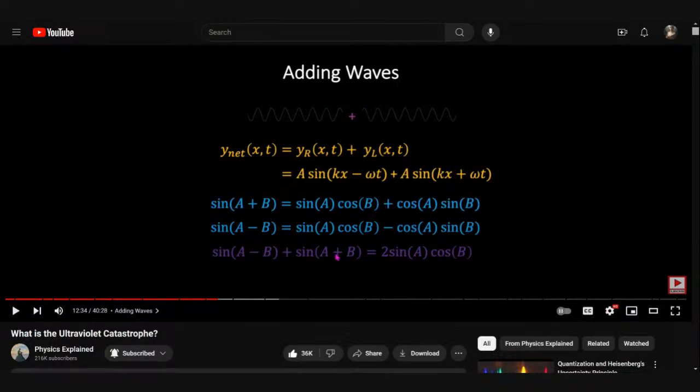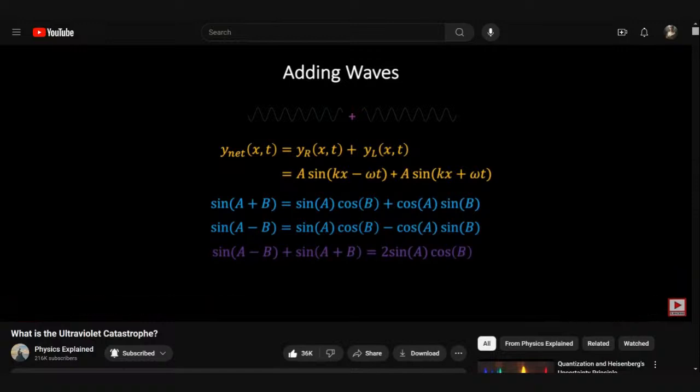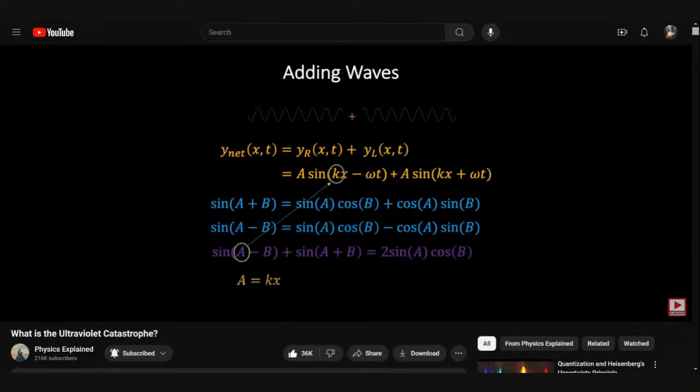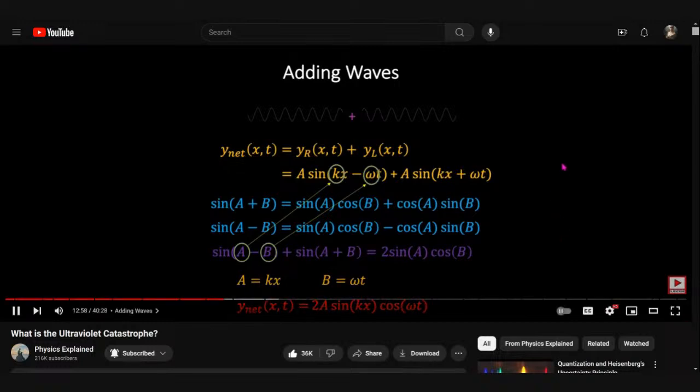Okay, so sine a minus b plus sine a plus b is 2 sine a cosine b. So this is what he got from this. Sine of a minus b plus sine of a plus b equals 2 sine a cos b. Now if we match up terms, we see that a can be identified with kx and b can be identified with omega t, and therefore the net displacement can be written as 2A sine kx cos omega t.